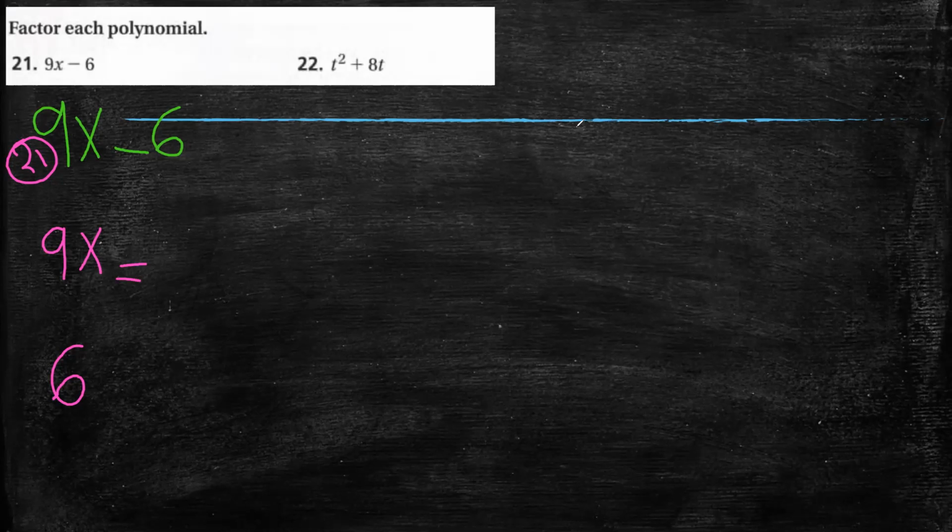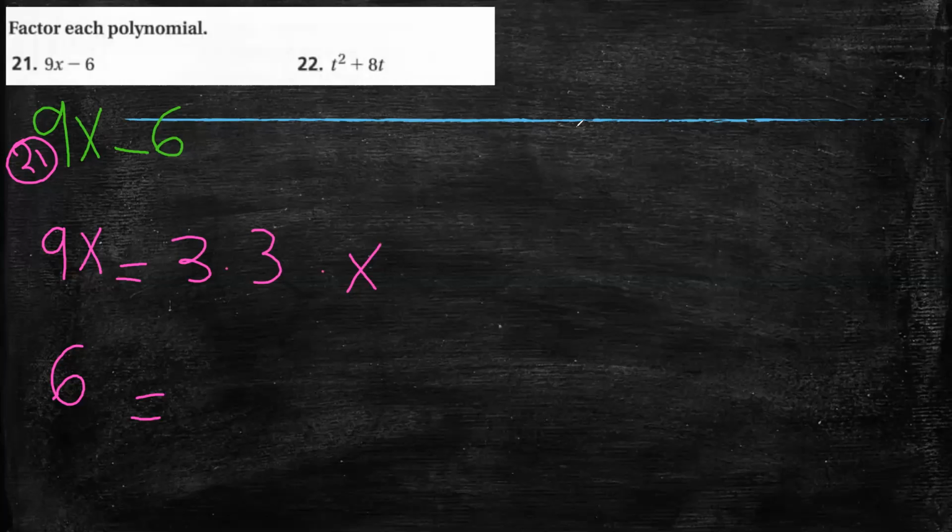What are the prime numbers that I multiply to get 9? 3 multiplied by 3. And how many x do we have here? 1x. Thank you. Now look at the number 6 here. Give me 2 prime numbers that if I multiply them, I get 6. 2 and 3. Thank you.